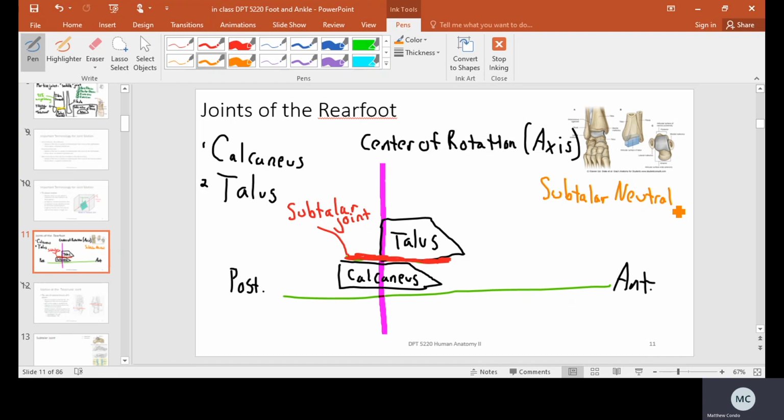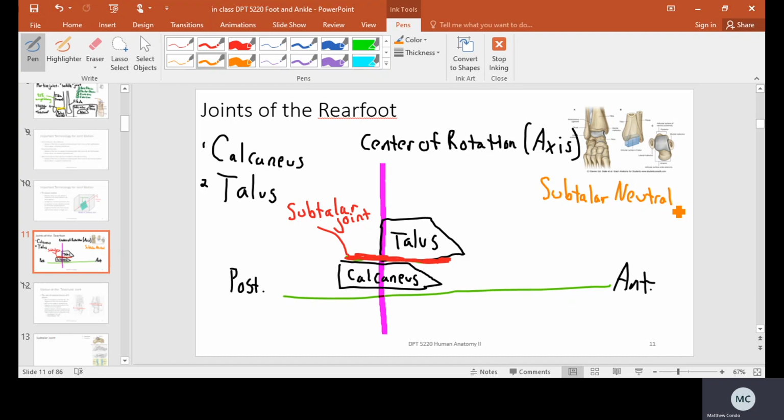So remember that, because as we move into a lot of these complex motions like supination and pronation, understand that my talus is simply going to react to what my calcaneus is doing.